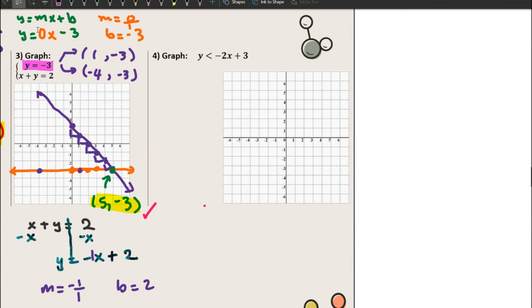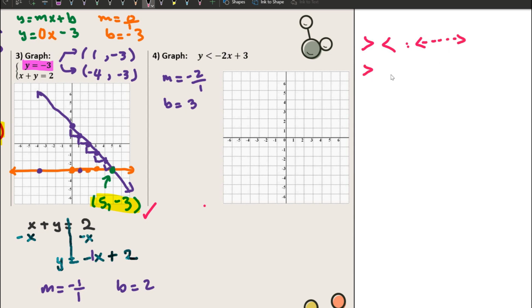Alright, problem 4. So we're going to graph this inequality. It's almost similar to graphing a linear equation. So first you need to find m and b. So slope is -2 and y-intercept is 3. This is -2 over 1. The difference between an inequality and an equation is that if you have greater than or less than without the equal sign, you're going to draw a dotted line.